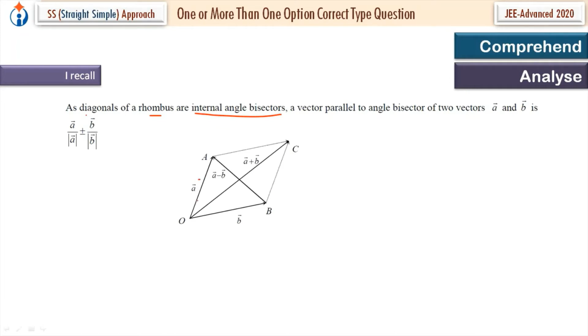And if this is, let's say, a unit vector, then this will be a rhombus. And this vector will be with plus sign here, and this one will be with minus sign here. Both are angle bisectors. This one of this angle, and here it is of this angle. So we'll use this geometry.